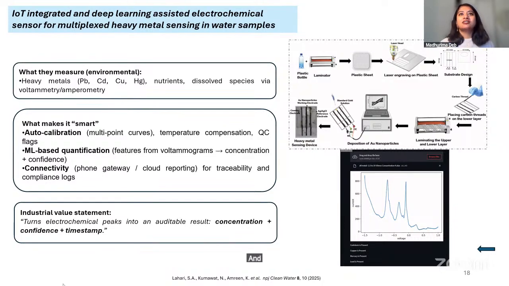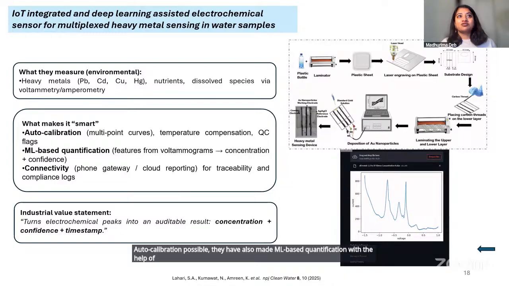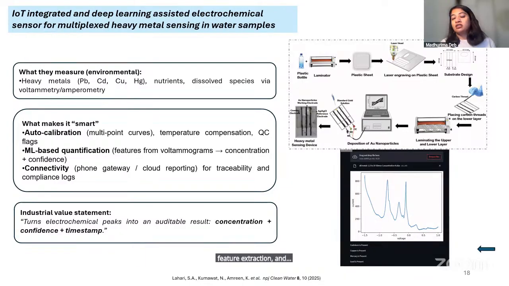I would suggest you read this. I have cited this work. It is from Clean Water in 2025, and they have made auto calibration possible. They have also made ML based quantification with the help of feature extraction. And in terms of connectivity, they have connected it with phones, and cloud reporting is also enabled.